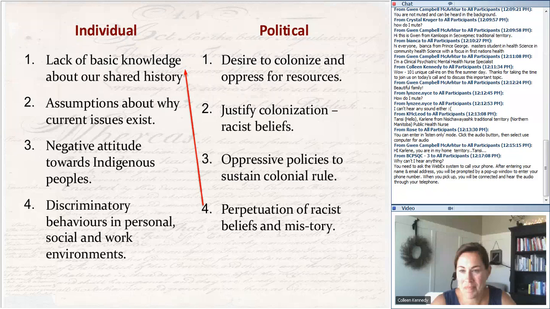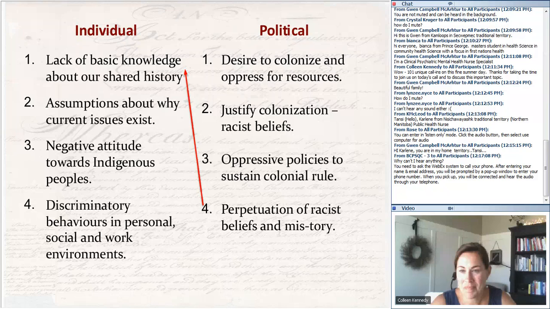Now, in order to justify the colonization of Canada and colonial rule, racist beliefs were used. Indigenous people were characterized as savages, as redskins, as subhumans, but definitely on a lower level on that racial hierarchy.